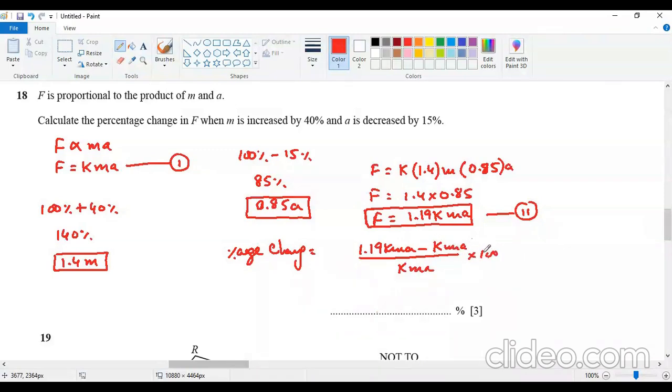So substituting the values, 1.19 minus 1 is going to be 0.19 kma over kma times 100. This is going to cancel with this. So 0.19 multiplied by 100 is going to give us 19%. That is going to be your final answer.